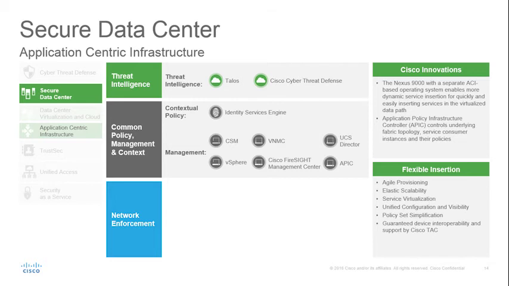A key difference is the Application Policy Infrastructure Controller, or APIC, which enables centralized management for the ACI solution. The Application Policy Infrastructure Controller applies flow policies and programs bridging and routing to insert ASA services. Multiple tenants can even coexist in a multiple context mode.